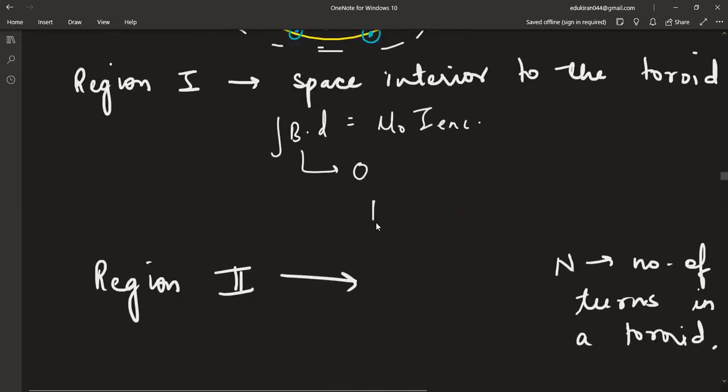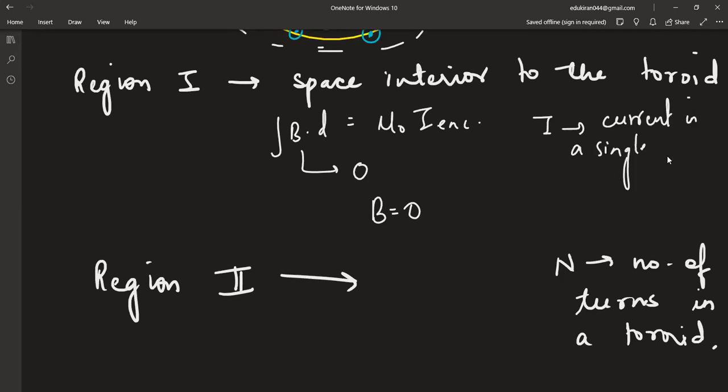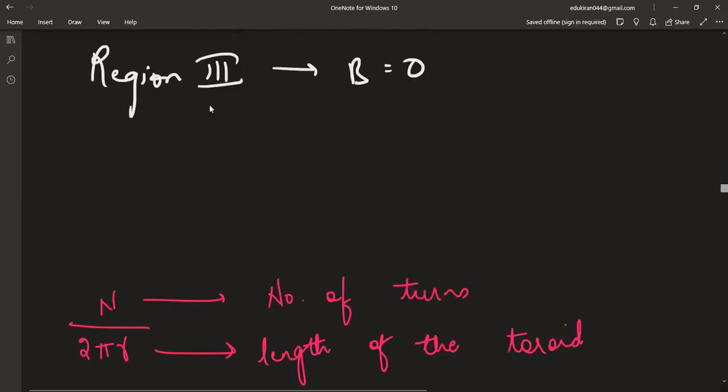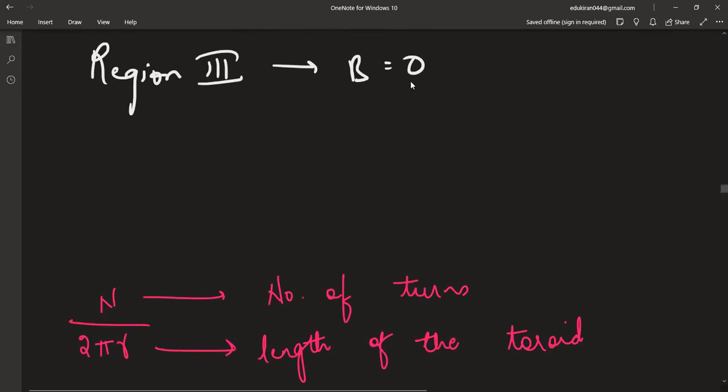So the magnetic field will be 0 in the first one. I is the current in a single loop, that's why we multiply it with the number of turns. In region 3 also the magnetic field is not present, so the integral of B dl is 0 straight away. What about region 2?